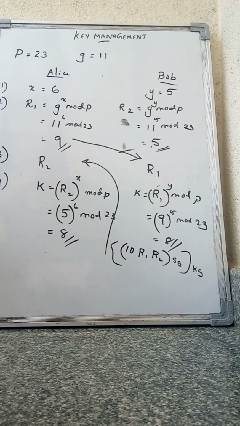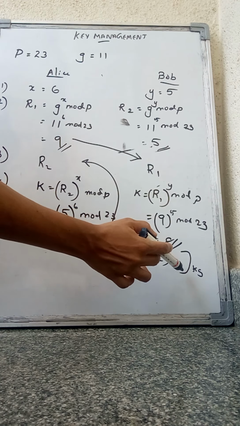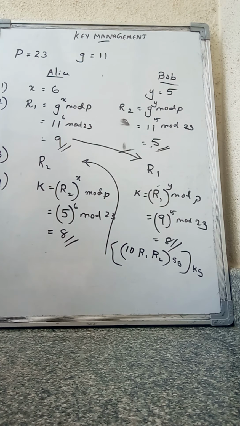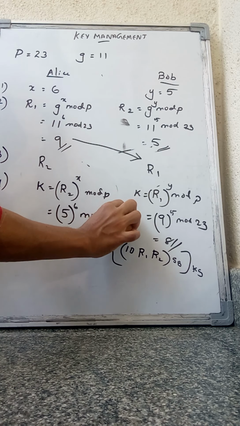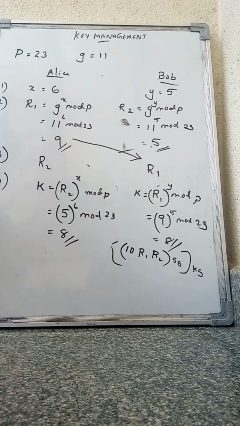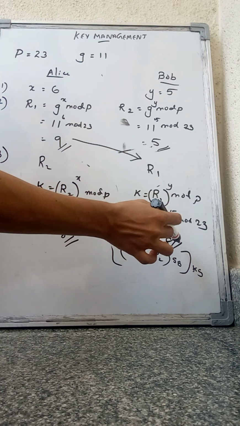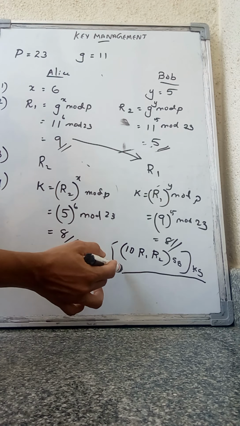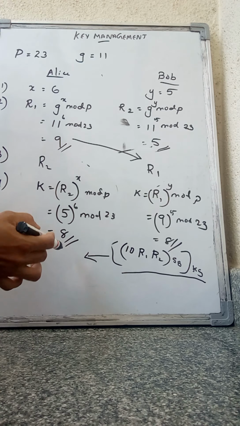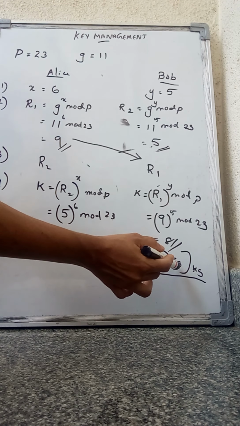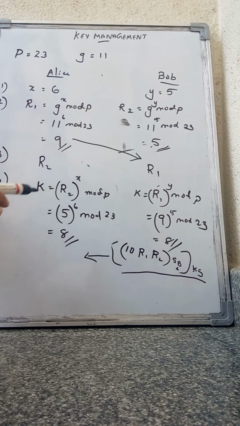Alice gets this message and calculates the session key. Then Bob's signature is verified, and she finds that this is coming from Bob.